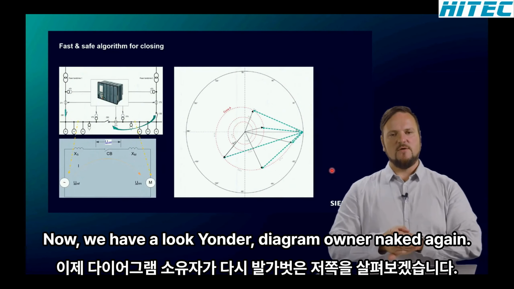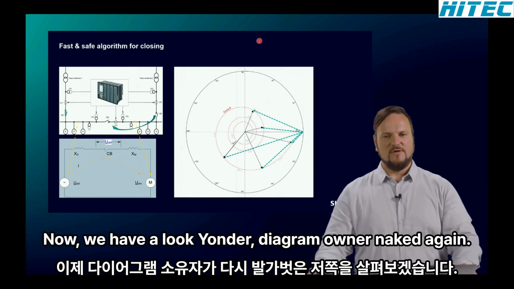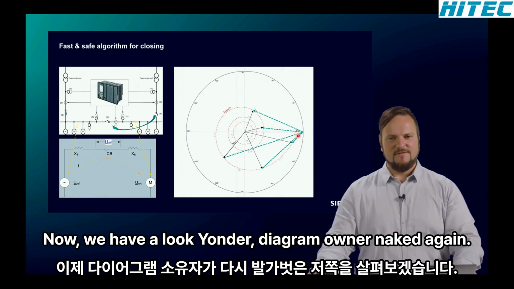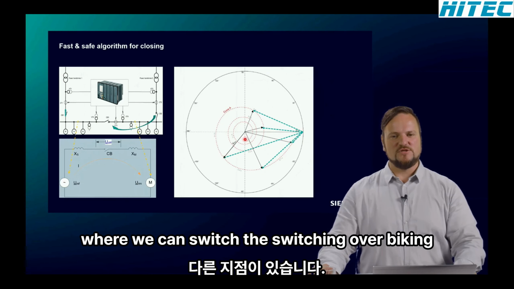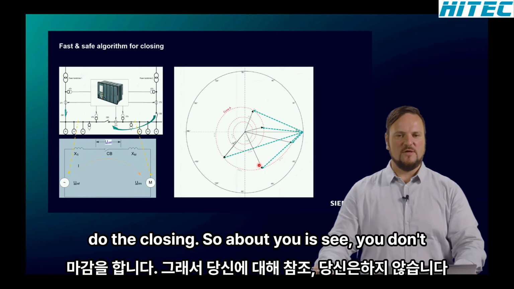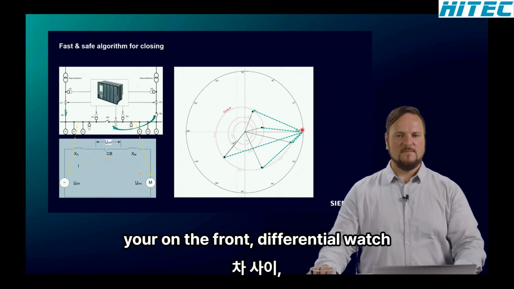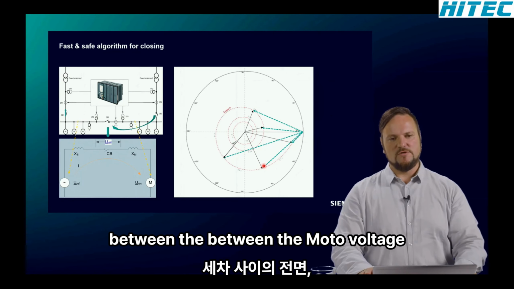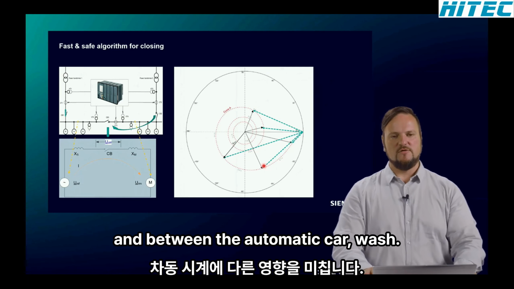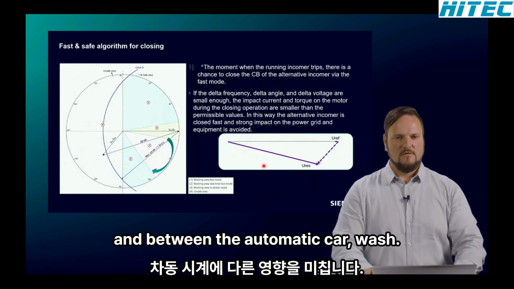Now we have a look at the diagram with the snail again, where we have different points where we can do the switching, or the closing. But you see we have different influence on the differential voltage between the motor voltage and the alternative incomer voltage.